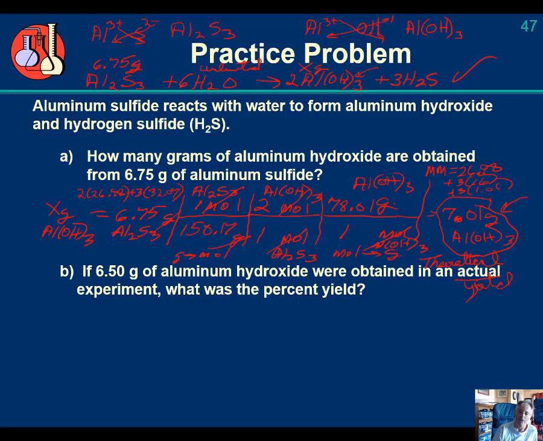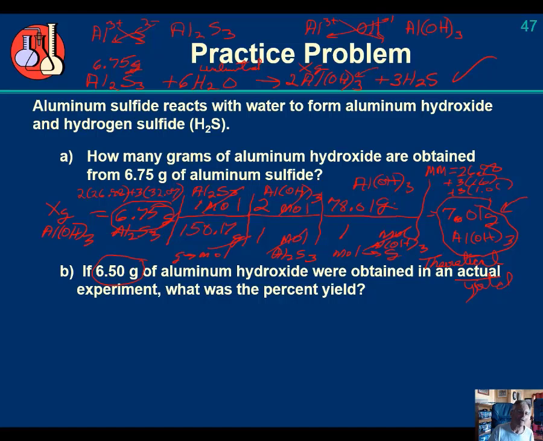And when I actually do the experiment, I'll get something less. So let's say I go into the lab, I take my 6.75 grams of aluminum sulfide, I react it with an unlimited amount of water, and I react and I react, and after a given amount of time, this is all I've got. And I'm thinking, well, I should be getting 7.01 grams. Well, that's only theoretically.